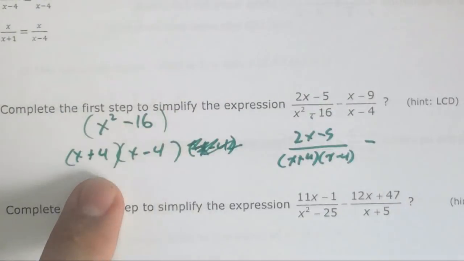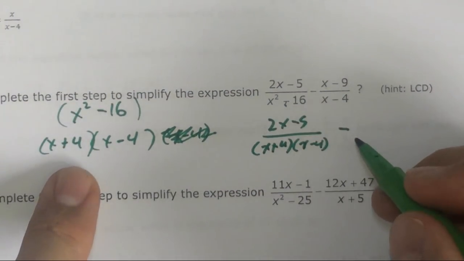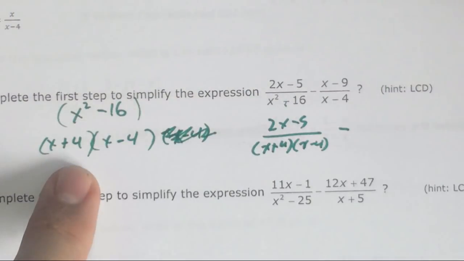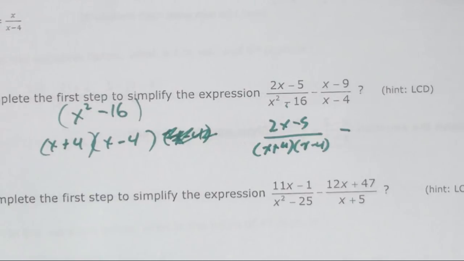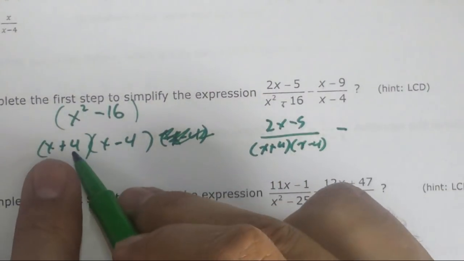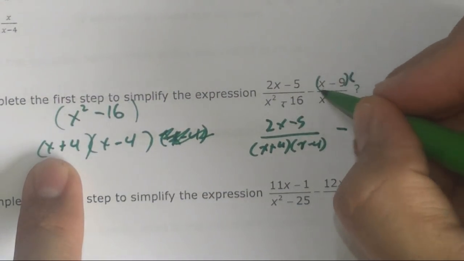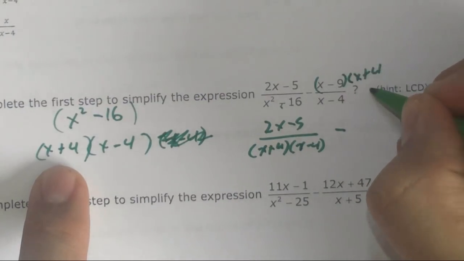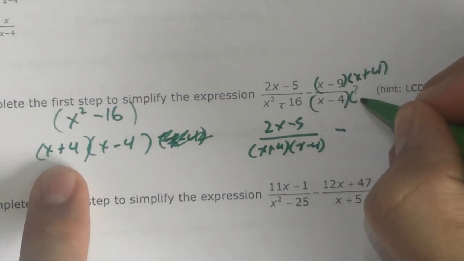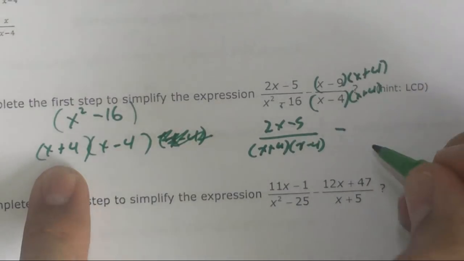But I have to make this one with the least common denominator. How am I going to do that? I have to multiply this by my missing term here. I have to multiply the top by x plus 4 and multiply the bottom by x plus 4.